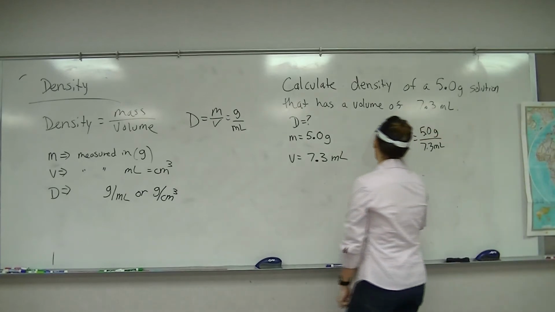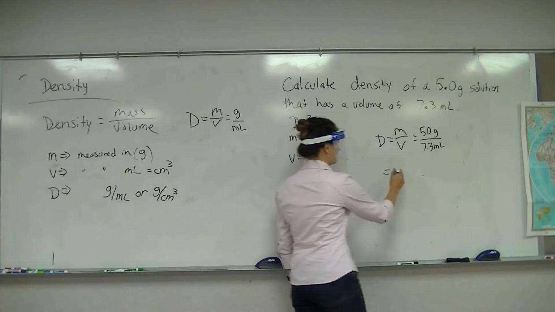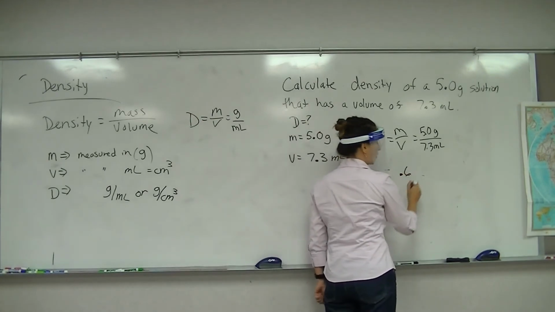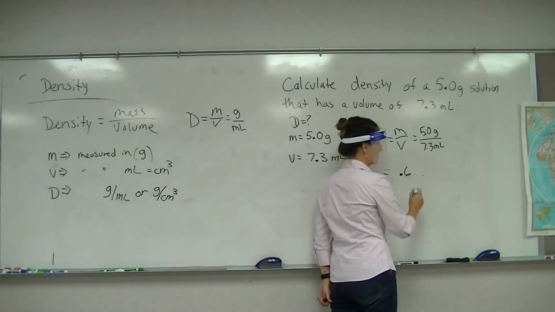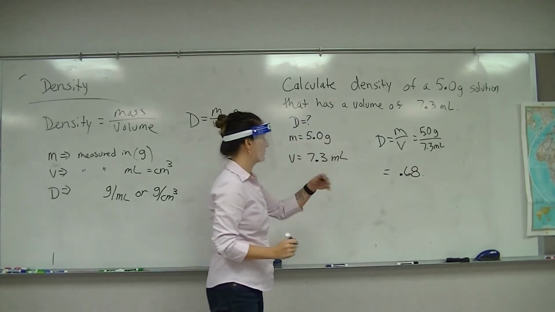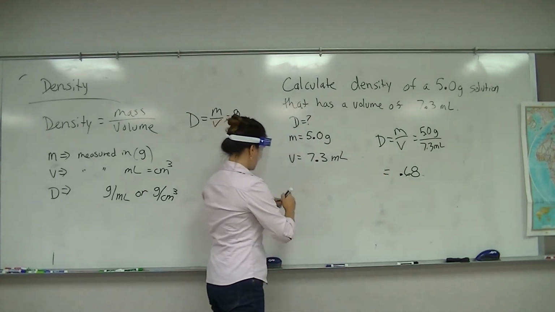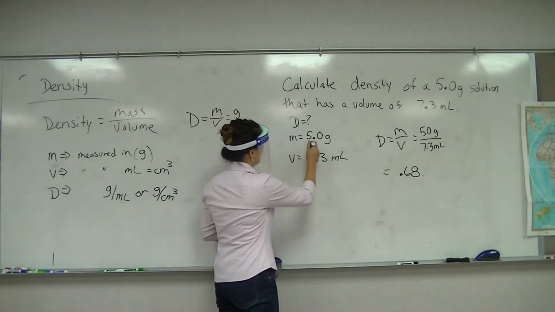So what do we get when we divide those two? 0.68. Or do we only need 2 sig figs? You do only need 2 sig figs, yes. So you already rounded it for me. Yes. So 0.68. You look at sig figs here because that's what you have to go back to.